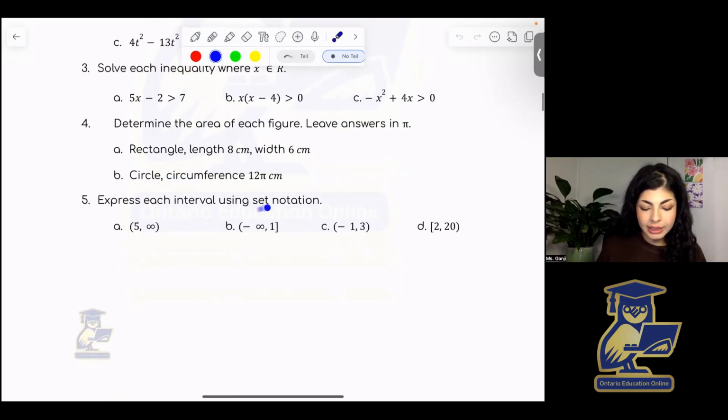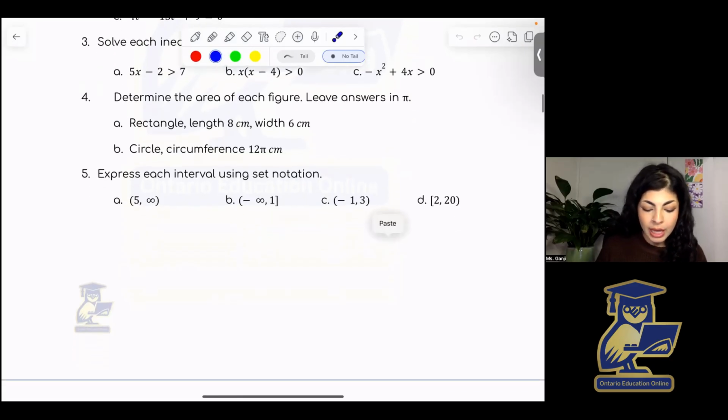And finally, our set notation is very important to know here, again when talking about domain and range. If you remember our very last concept of Unit 2, where we saw extreme values, so our maximum and minimum values, we were using set notation there. So please make sure you know how to do those. As a reminder, round brackets mean exclusive, so 5 is not in this interval, whereas a square bracket like this means that 2 is in the interval.